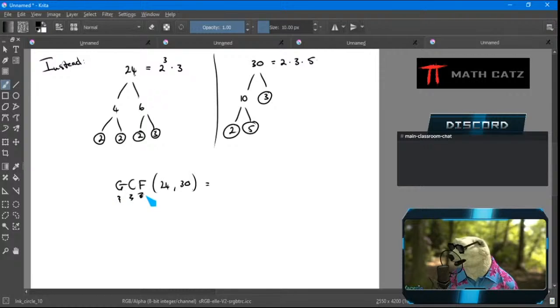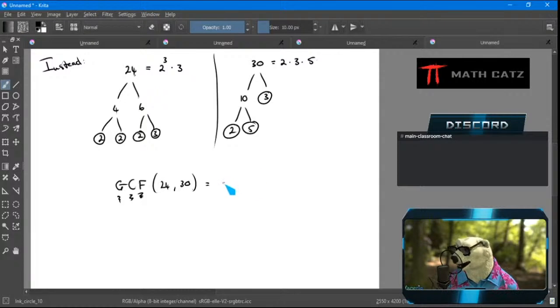I'm going to go right to left here. I'm looking for a factor of 24 and 30, which means I can't go and use a 7, for example, because a 7 doesn't even feature in 24 or 30. It'll never be a factor. Any number that's made up out of prime numbers that do not feature in both cannot be an answer.